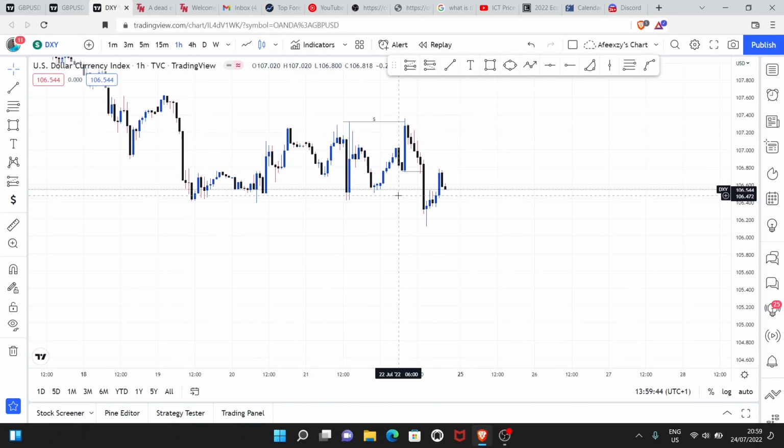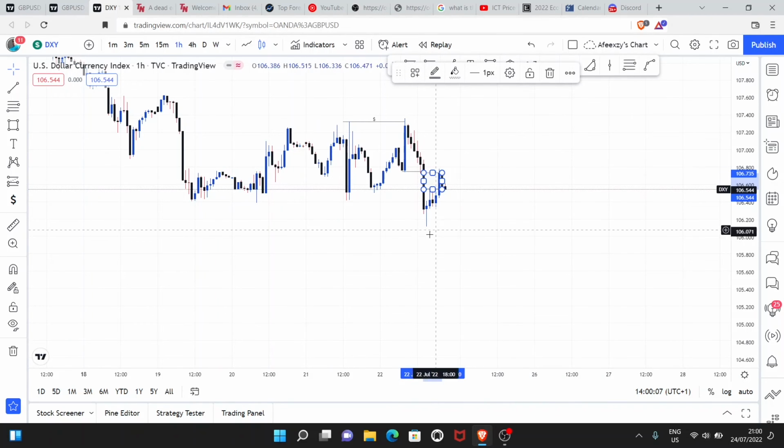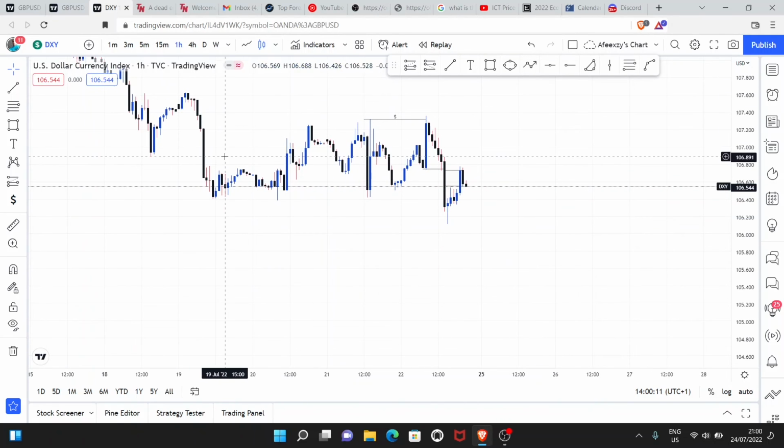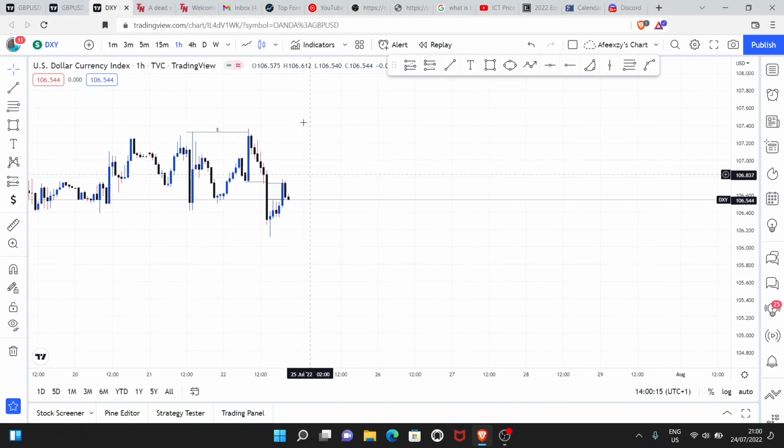This was the true confirmation, a nice change in market structure, breaking two lows. Now we came to fill this gap. Now we are plummeting down. This is why it's bearish to me. Let's see what happens next week.